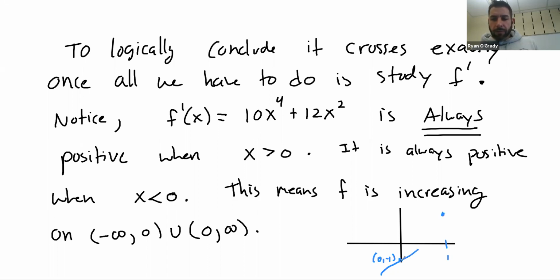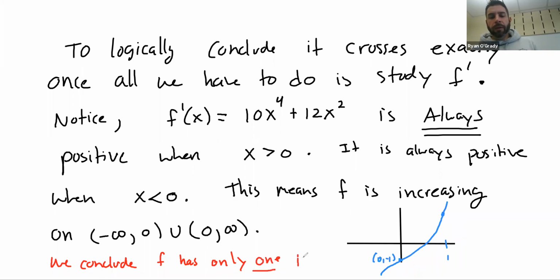So I know that all it can do is this. And so the conclusion is f has only one intercept, or x-intercept.